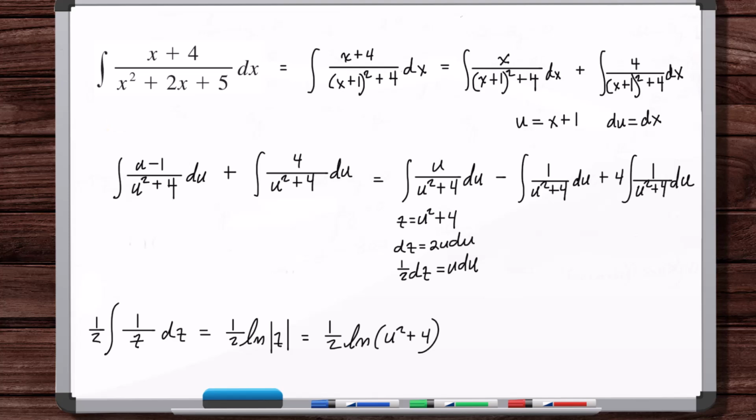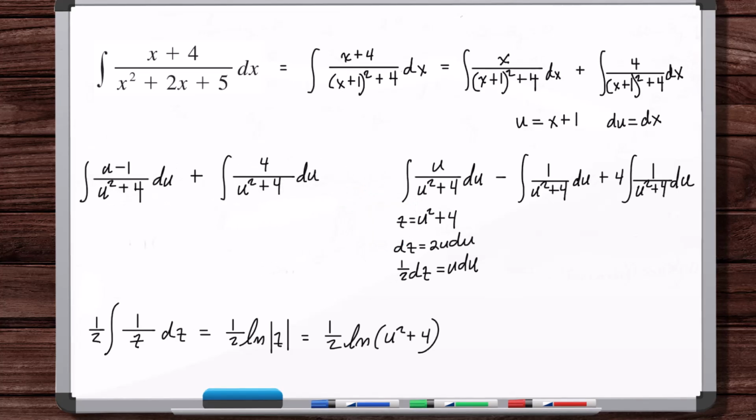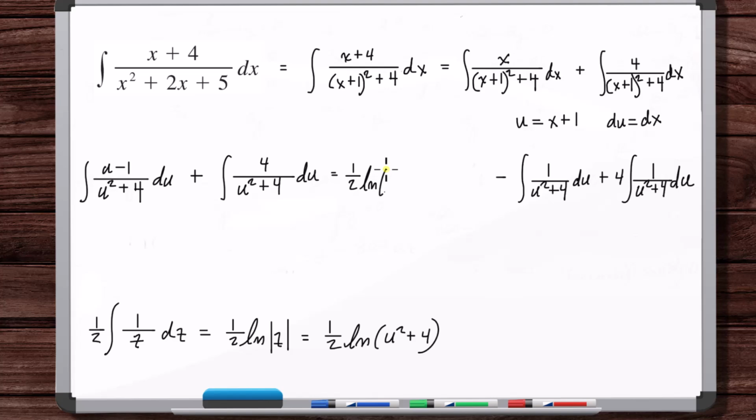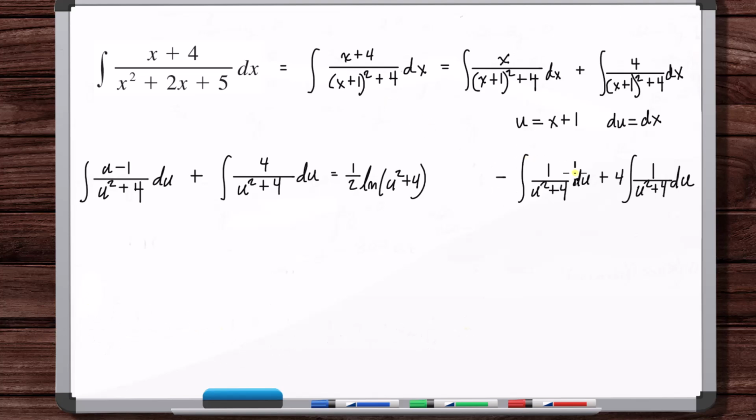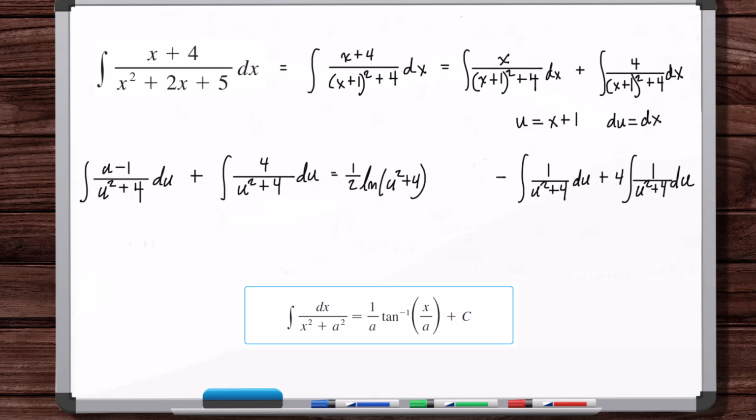Okay, so let me make some room here. We've got 1/2 natural log of u squared plus 4. And then here we come back to this property.